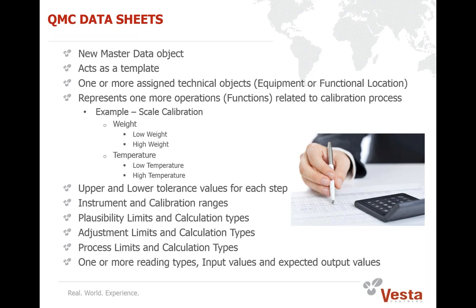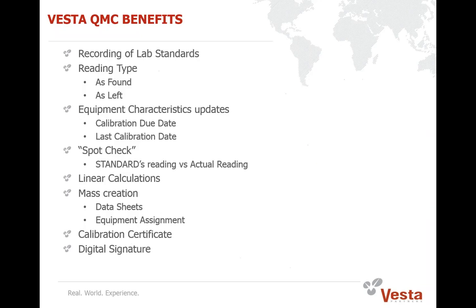And the data sheet then has what we call functions, which are similar to operations on a work order. And these functions themselves then specify the tolerances on each of the readings that are required. So the different limits that are set, the calculation types that are required. These will become a little bit clearer during the demo. But the data sheet is the vehicle that drives this functionality from a configuration standpoint.